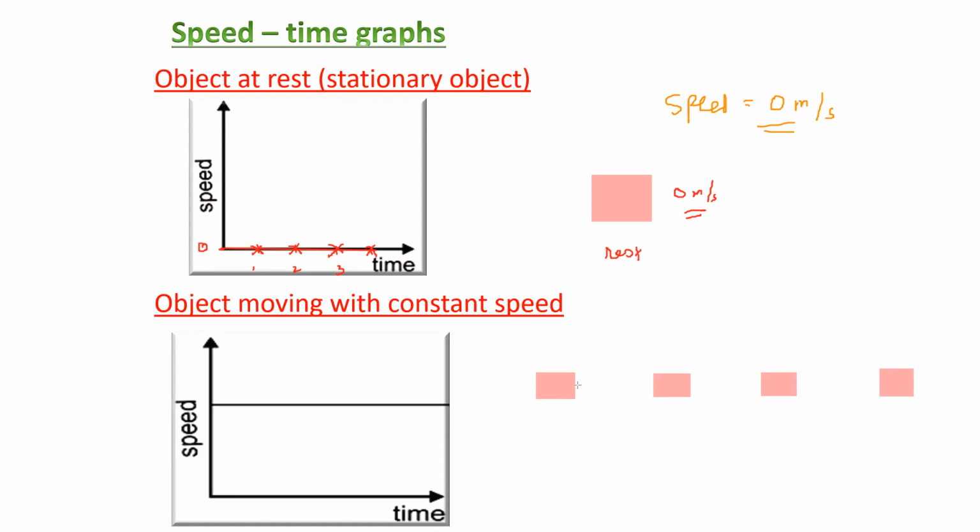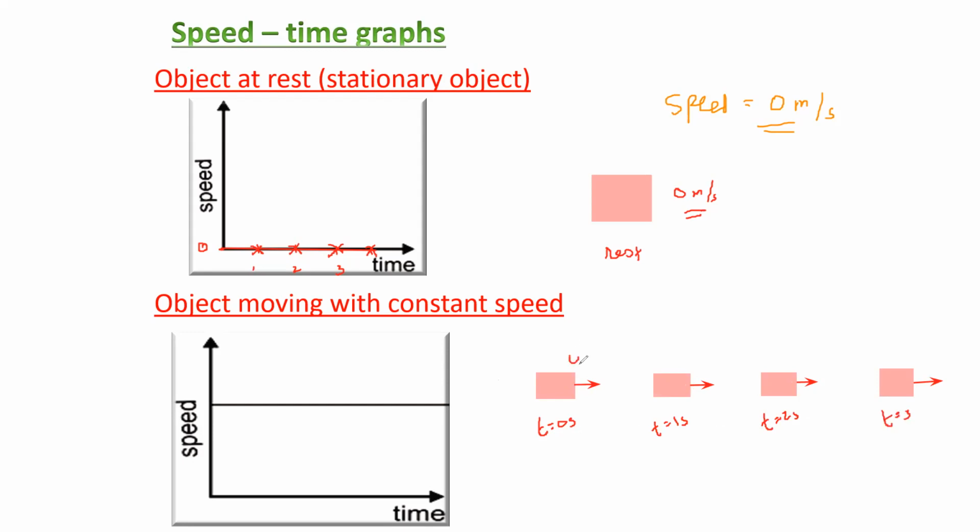At all the positions it has the same speed. And these are the time intervals. For example, this is the beginning, so time is equal to 0, 1 second, 2 seconds, 3 seconds.